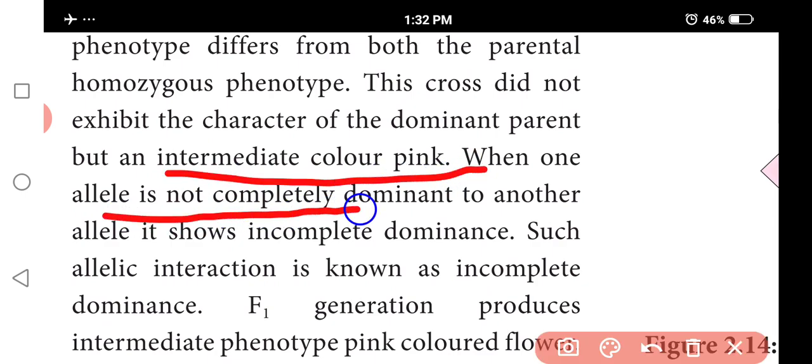So one allele is not completely dominant to the other allele. That is incomplete dominance. R1 is not completely dominant to R2.